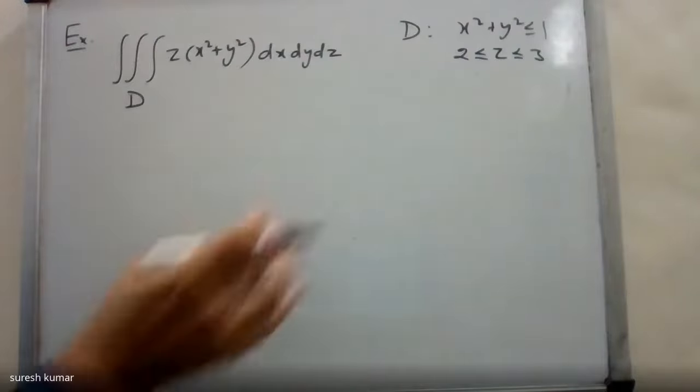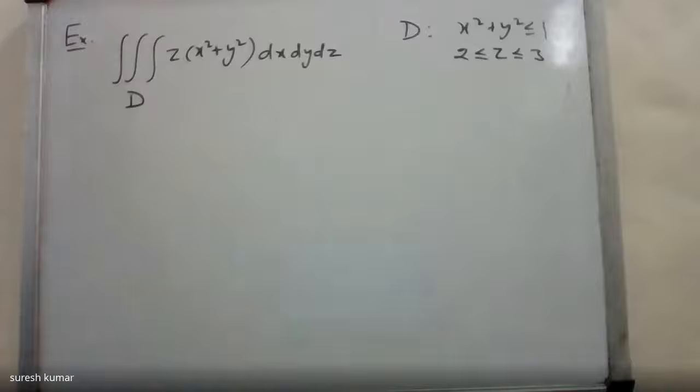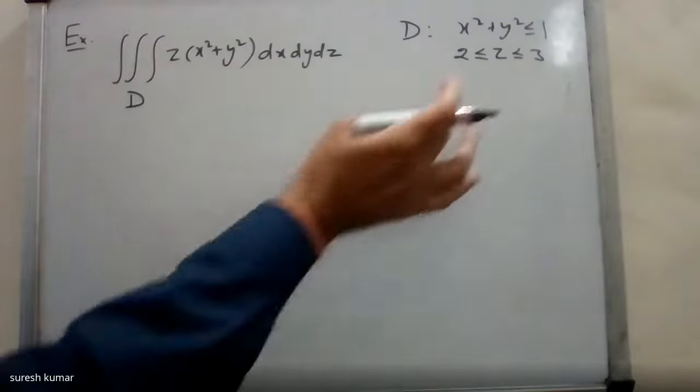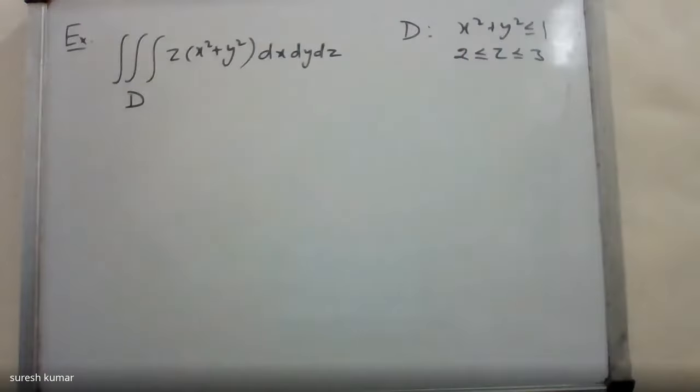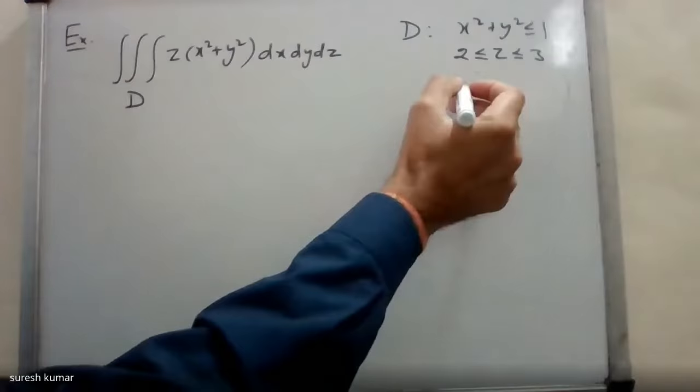First of all, do you understand this region? Are you able to make a rough sketch of it? What is x squared plus y squared equal to 1? It is an infinite cylinder that is cut off by these two planes, z equal to 2 and z equal to 3.